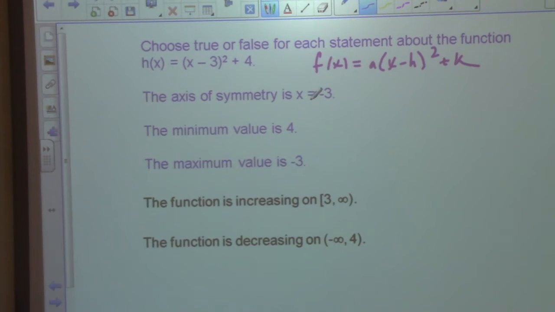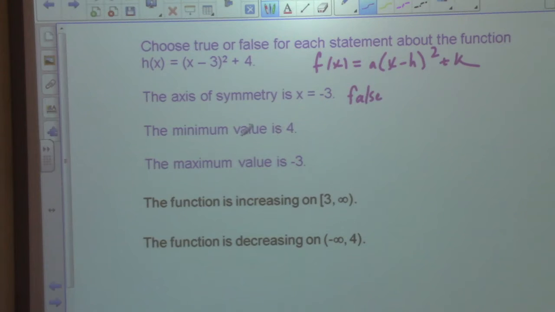True or false? False, right? What is the actual axis of symmetry here? The actual axis of symmetry is x equals 3, not x equals -3. Does everybody understand that? Anybody need to go over this anymore? No?